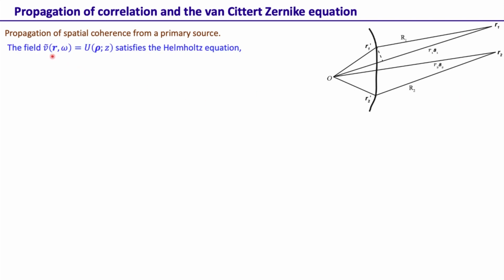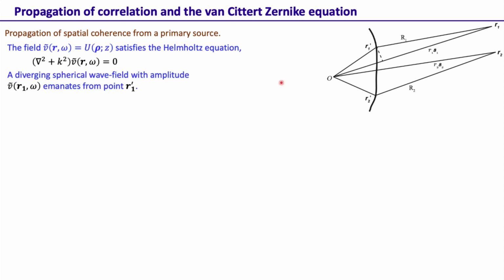First we recognize that this field, V r omega or u rho z, which is the field at a specific frequency, satisfies the Helmholtz equation, that is del square plus k square V r omega equals 0. For finding the field here, we consider each point on this primary source to be a point source, and the spherical waves come out of this point source and finally reach this detection point.